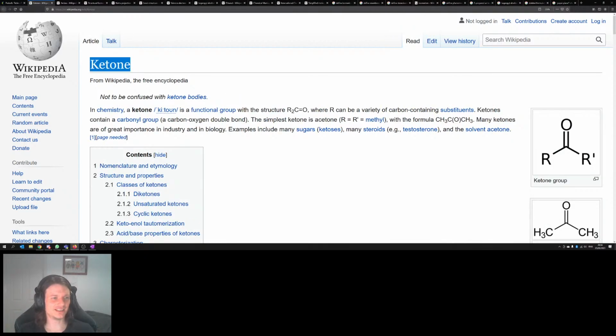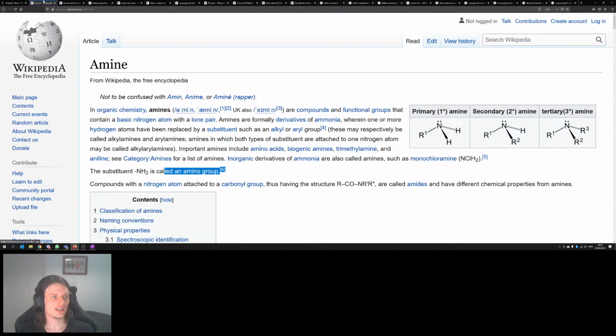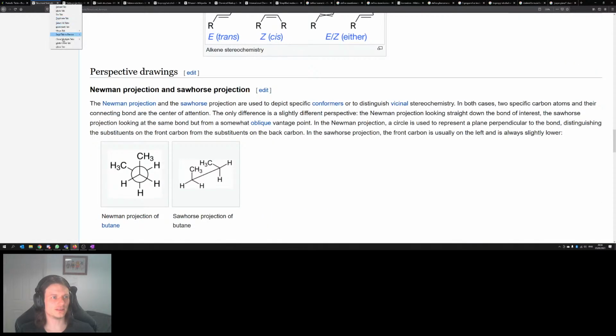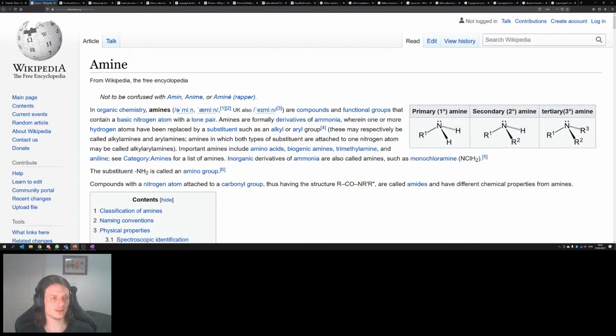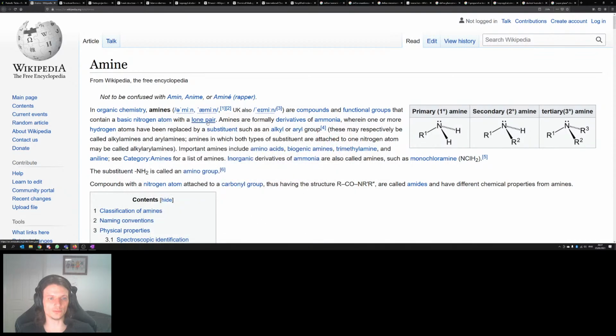So a ketone in chemistry, we just read that. Actually, I didn't read that. Undo close tab. Amine. In organic chemistry, amines are compounds and functional groups that contain a basic nitrogen atom with a lone pair.